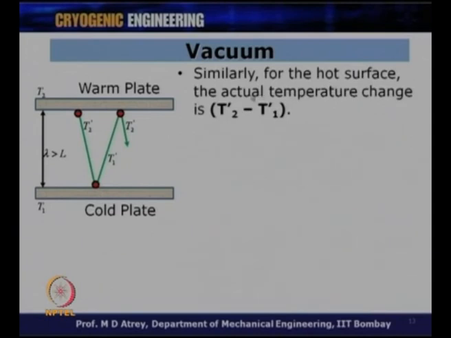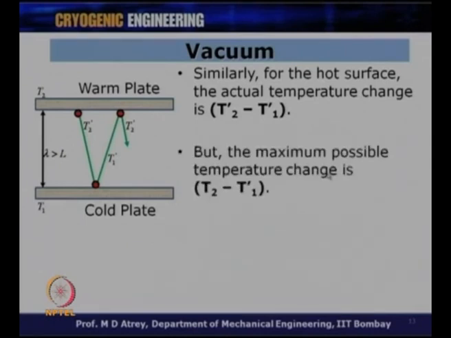Now, let us see the accommodation coefficient at the warm plate, which is maintained at temperature T2. Similarly, for the hot surface, the actual temperature change again is T2 dash minus T1 dash. So, the actual temperature change for both surfaces is the same, while what changes is the denominator, which is the maximum possible temperature change. In this case, the gas is coming at T1 dash, and the molecule should have attained the maximum temperature up to T2, while it leaves at T2 dash because of imperfect heat transfer.